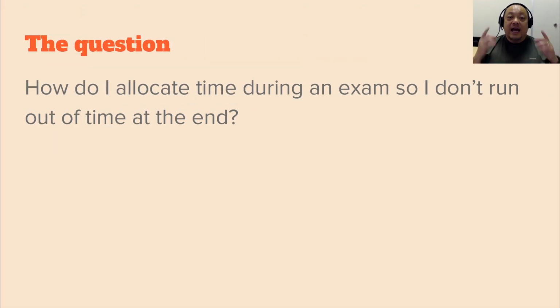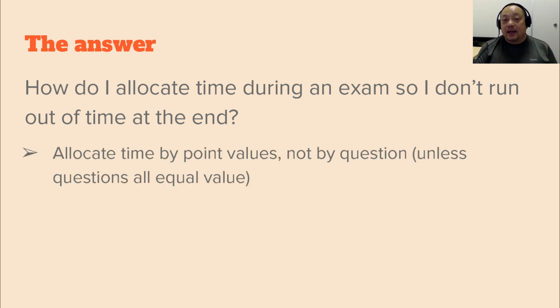The question is, how do I allocate time during an exam so I don't run out of time at the end? The answer is allocate time by the point values of the questions. Don't think of it as allocating time per question. It's by the points.